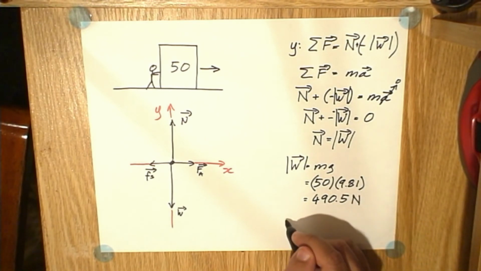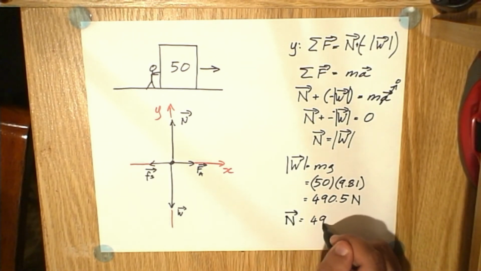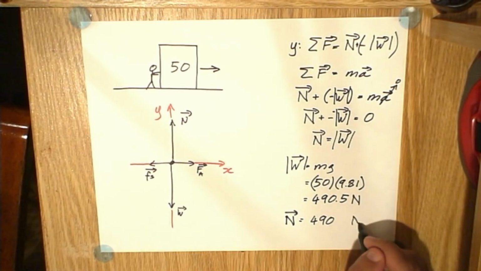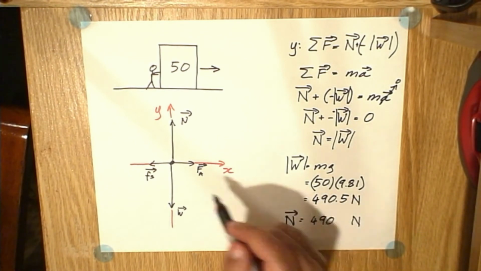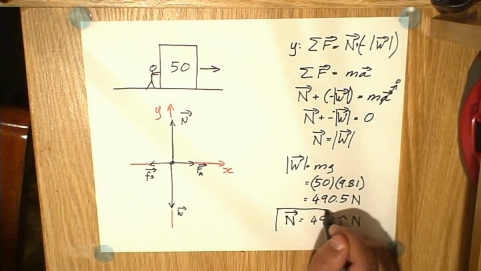And that means that the normal force, since it's equal and opposite to the weight force, must be 490.5 newtons. The only difference being the weight force points in negative j and the normal force points in positive j. So this is the size of the normal force.